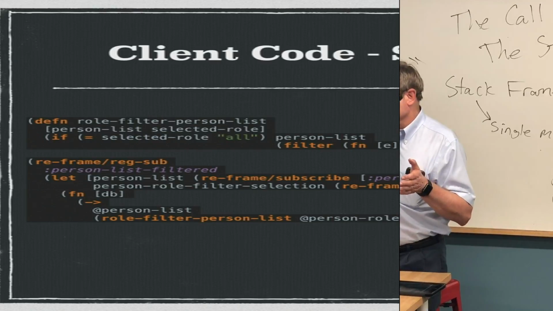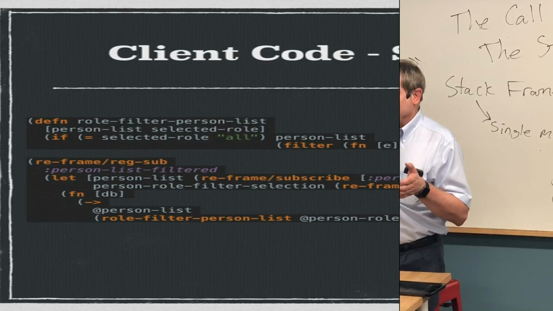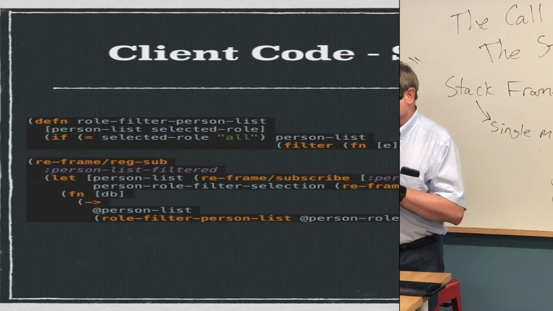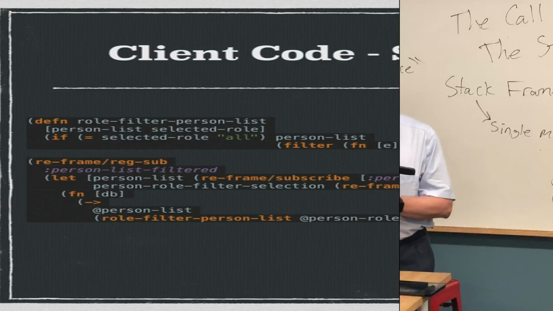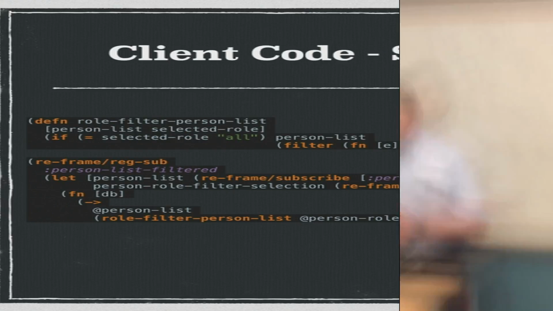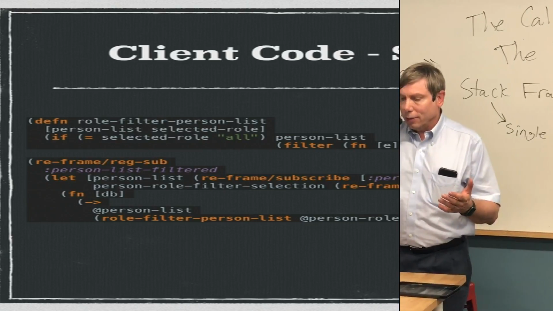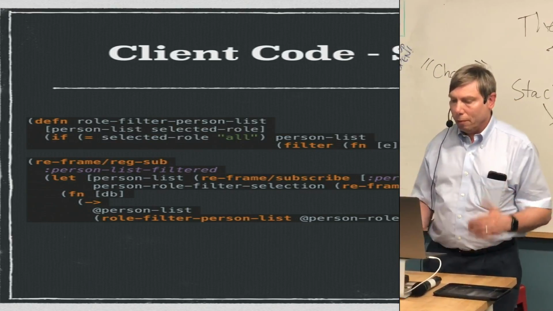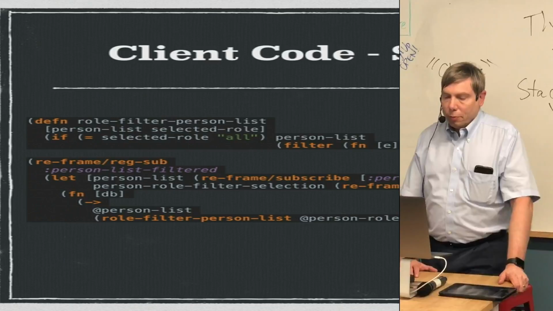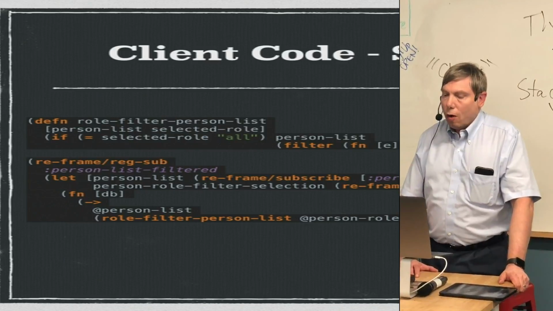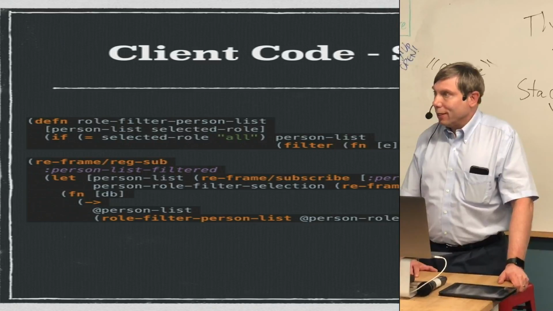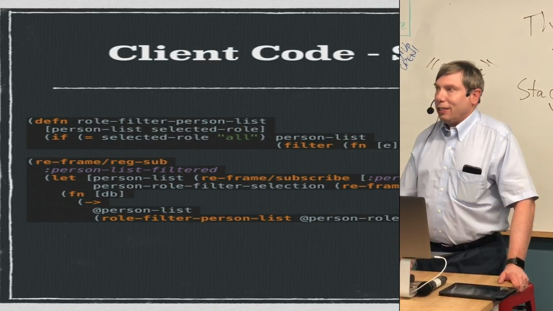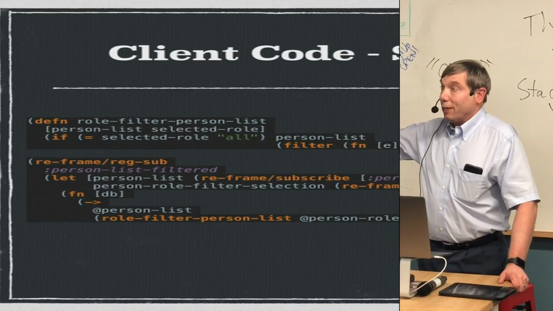With Regraph, you do not use GraphQL to read the AppDB. You just take the data and you bring it into your application. So you can see all I'm doing is, for a filter, I'm doing this filtered list of people. I have two subscriptions. One is to all the people, and the other to something called the person role filter selector, which is really just the value in the dropdown.